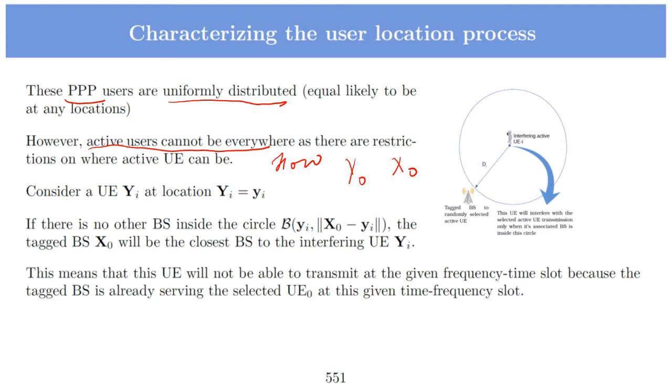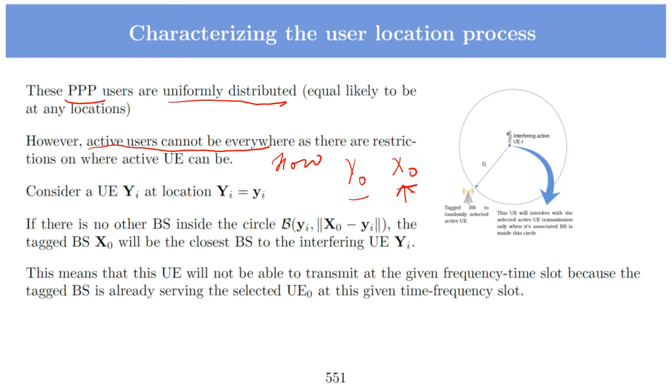Right? How do we characterize this? One thing is clear: if the user location is such that it is in the same cell as X0, in other words, if the user location is such that it is associated with X0, then only one user of X0 will be selected in that frequency slot, and Y0 is already selected.